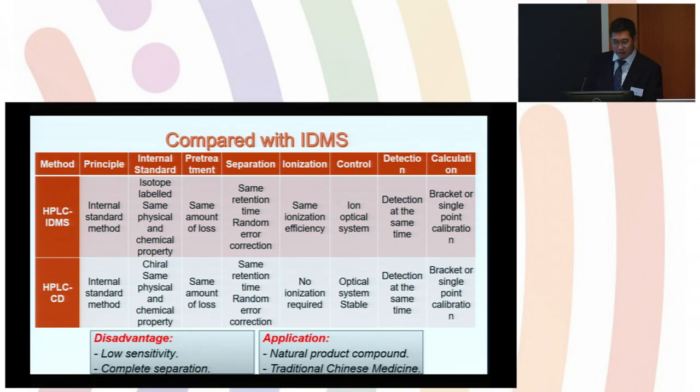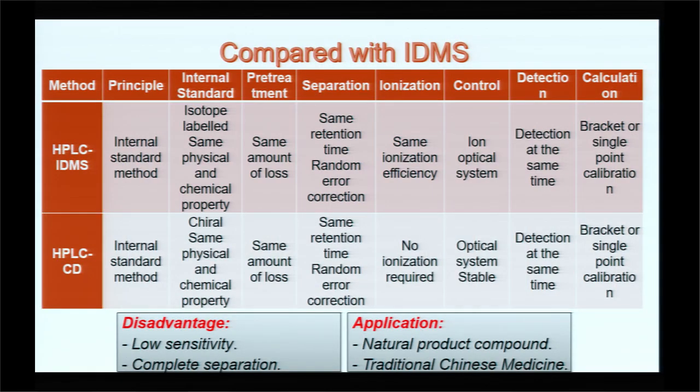We have compared the HPLC-CD method with the traditional HPLC-IDMS method, and we can see a lot of similarities. So we think HPLC-CD could be a potential primary method for quantification. However, the disadvantage for LC-CD is its low sensitivity.